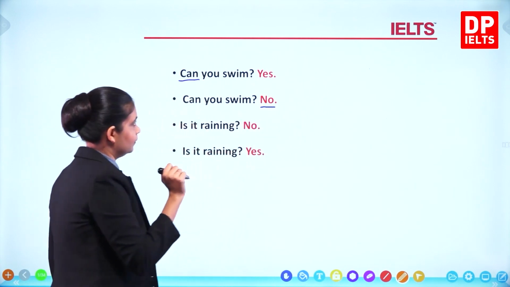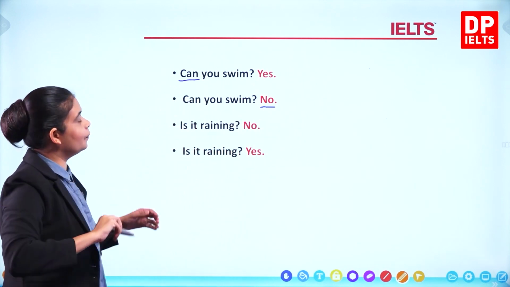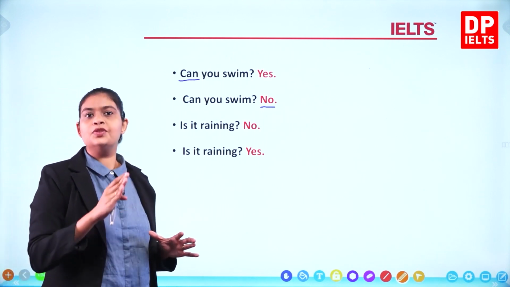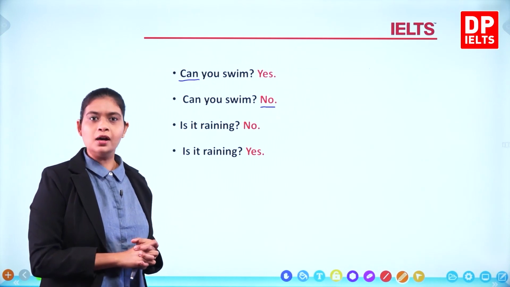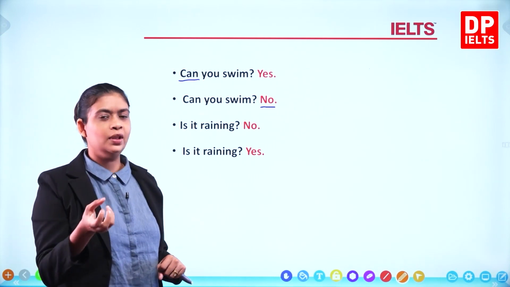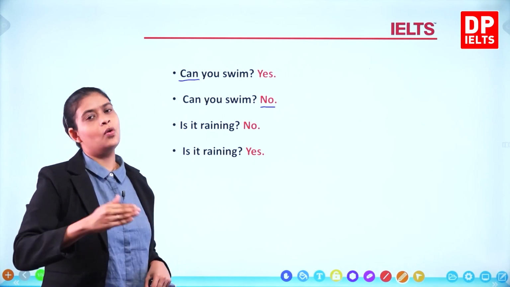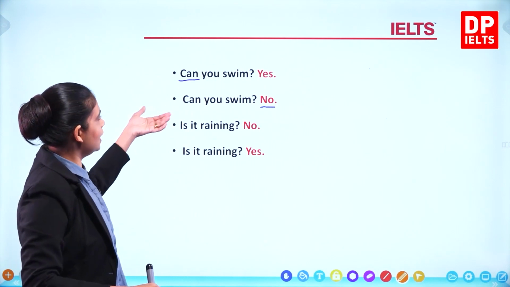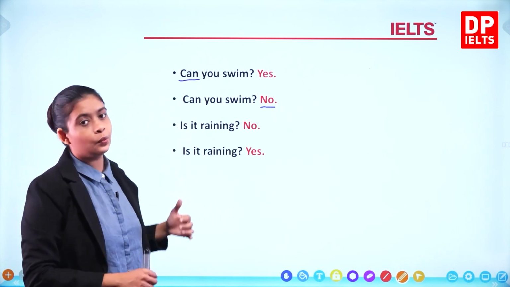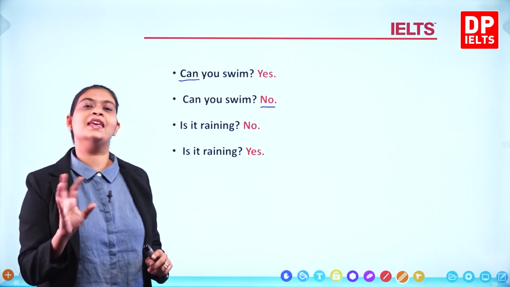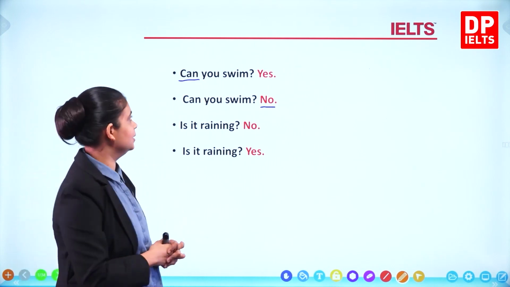No. Now, as I told you in the definition, yes-no questions are the questions where the answer will either be yes or the answer will be no. The question tag can come in different ways. However, the answer must be yes or no, right?